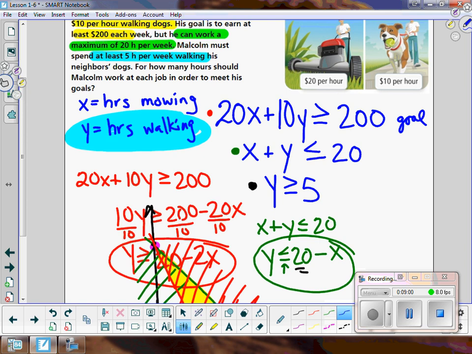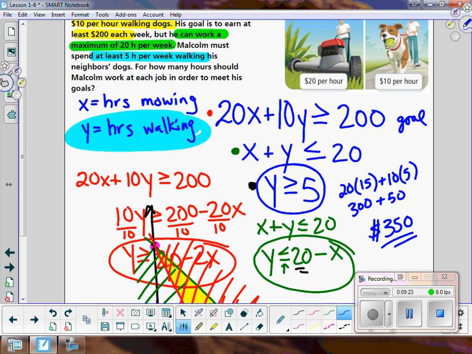Let's see. If he did 20 times 15 hours of lawn mowing and 10 times 5 hours of walking the dogs, he'd have 300 plus 50. He'd make 350 bucks. And he would have enough time to do it, and he would meet his goal of spending at least 5 hours walking dogs. So that would be a pretty good combo for him to use.